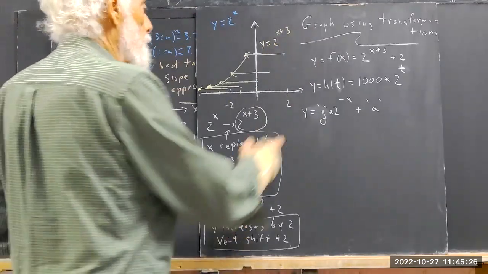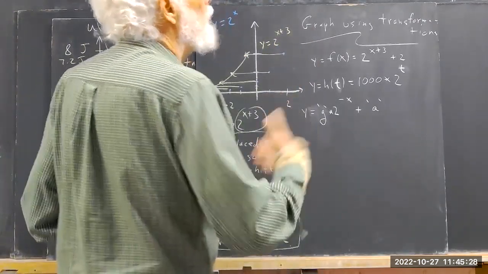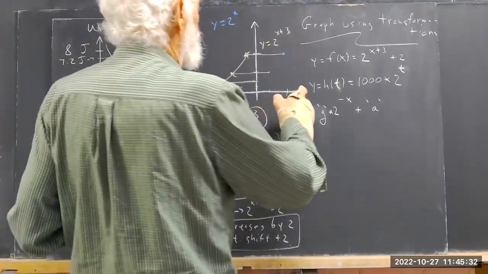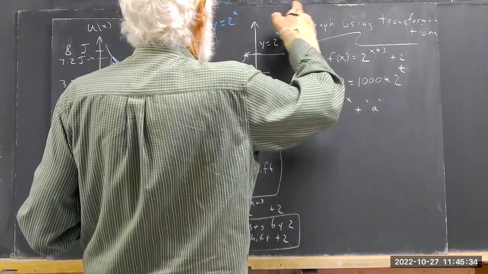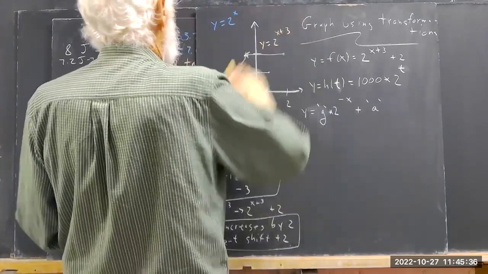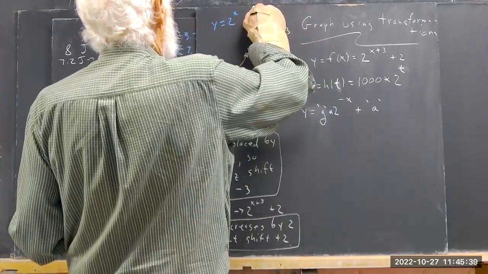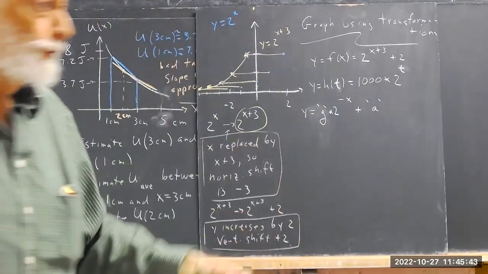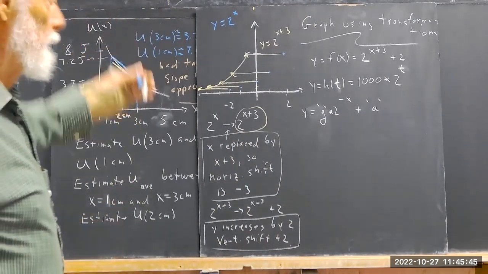Well, you could calculate if you went out to x equals 3, 2 to the third would be 8. So you'd have a point (3, 8) up here, and you shift it over here, and you'd end up with your y-intercept.